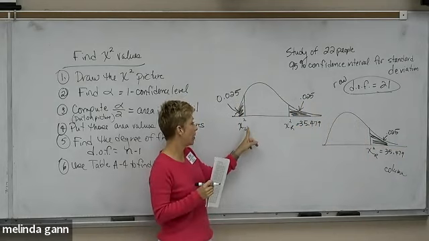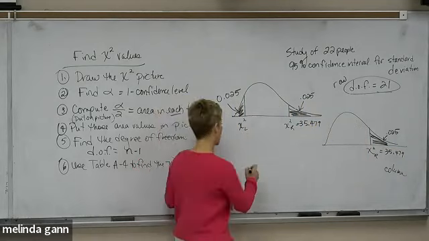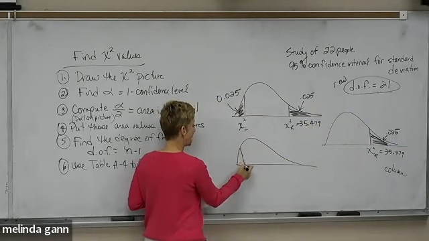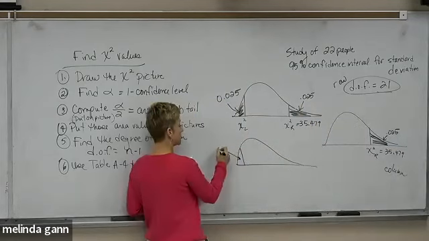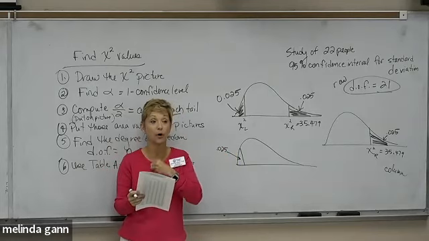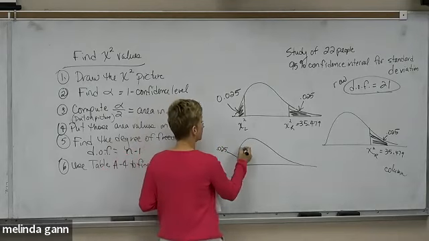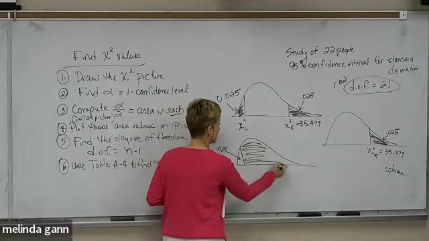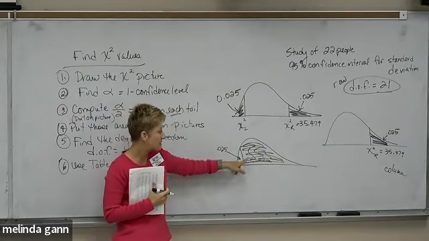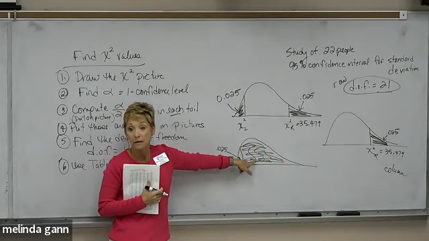But I've still got to find the one on the left. So I'm going to redraw the picture. Now here's the catch. I know that tail area right there is 0.025. But to read this table, it says at the top, what do I need? I need the area to the right. All of this area to the right of that value I need. If this is 0.025, what's that going to be? 0.975.